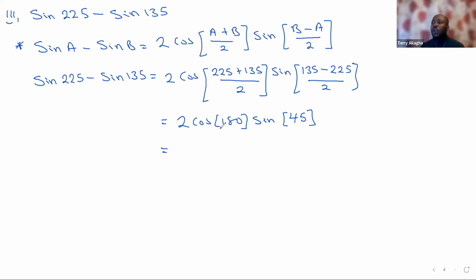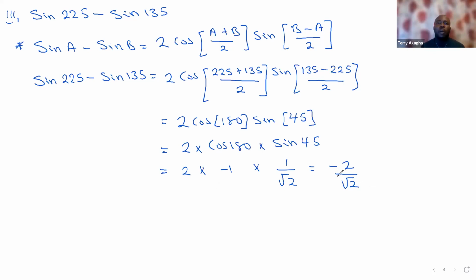So it's going to be 2 multiplied by cos 180 multiplied by sine 45. We know that cos 180 is minus 1, and sine 45 is 1 over root 2. So this is going to give you minus 2 over root 2.